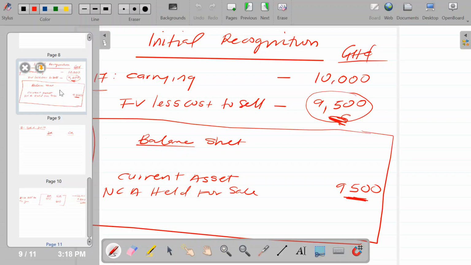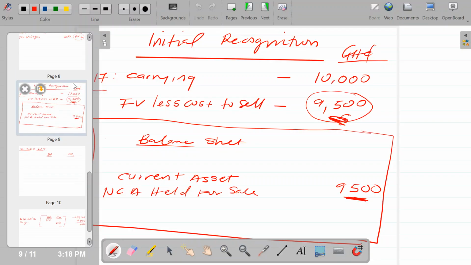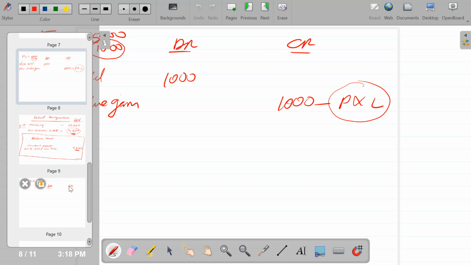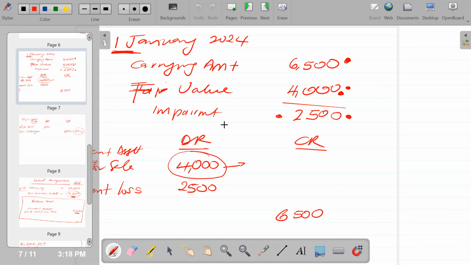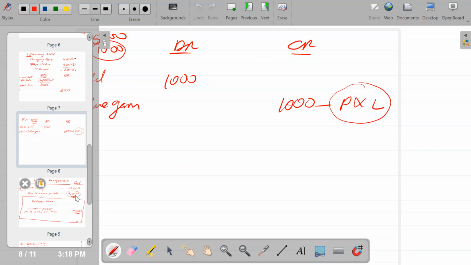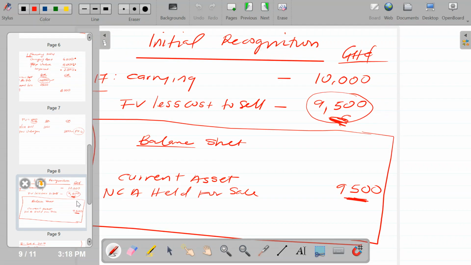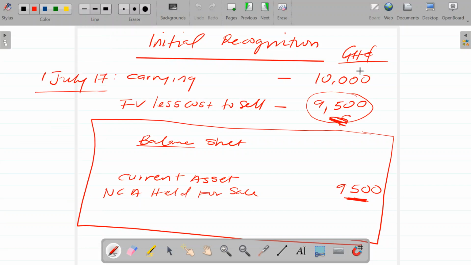when we initially classified it as held for sale, we had an impairment loss of, I think, 500. In the initial recognition, there was an impairment of 500, because the carrying amount and the fair value less costs to sell, the difference is 500.